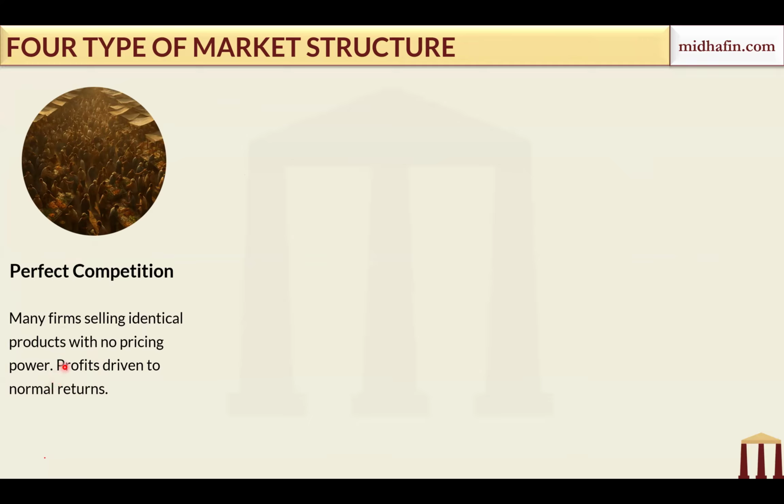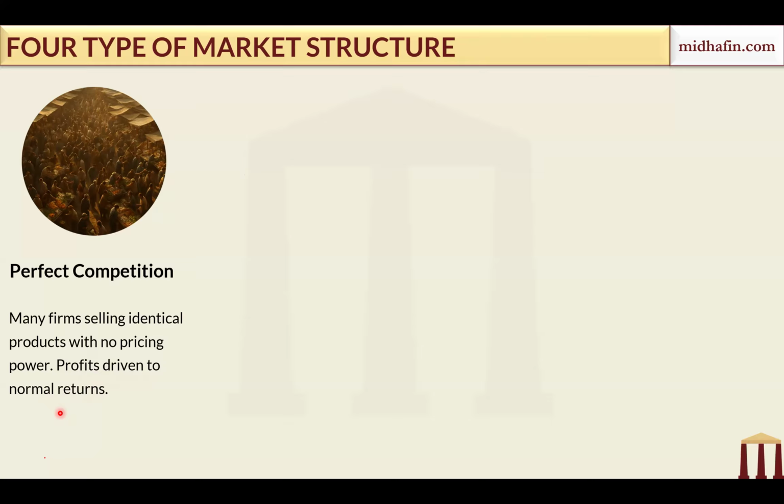Each firm is a price taker. That is what we call them, price takers. Profits are driven to normal returns, because if they try to get a higher return by going for a higher price, buyers will simply go elsewhere because the product is the same everywhere.